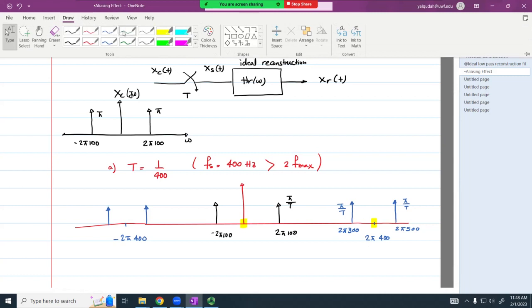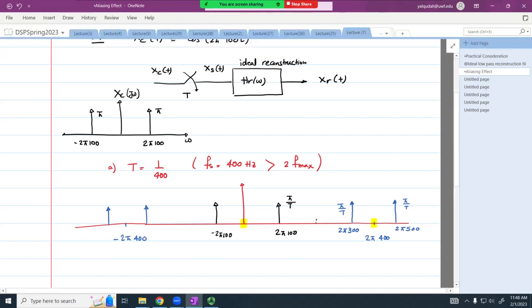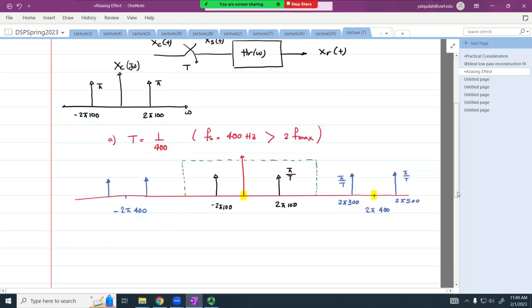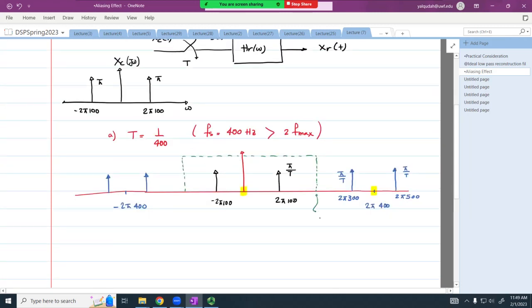So therefore, I'm going to have a low pass filter that I'm going to pass this signal through. What do I get at the output of this low pass filter? My original signal, yes.